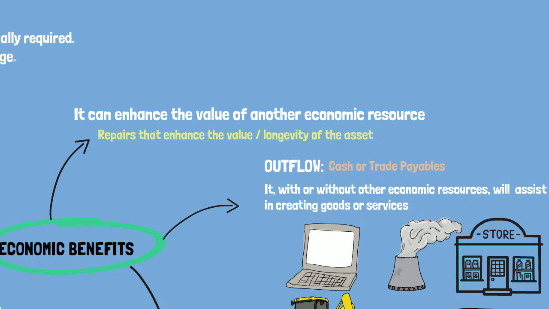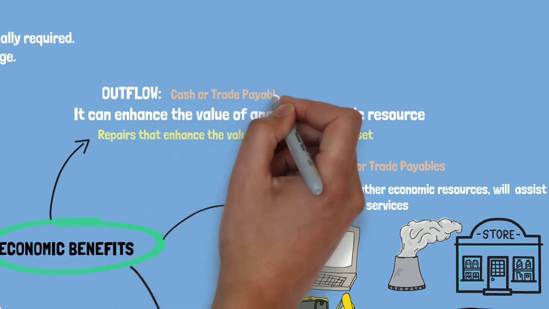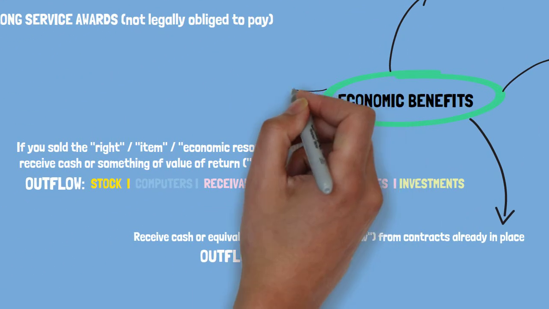And therefore, you can capitalize that as an asset. It is an economic benefit. So your outflow in that is cash, because you're spending cash to buy this new asset that's enhancing your value, and that's creating an economic benefit.